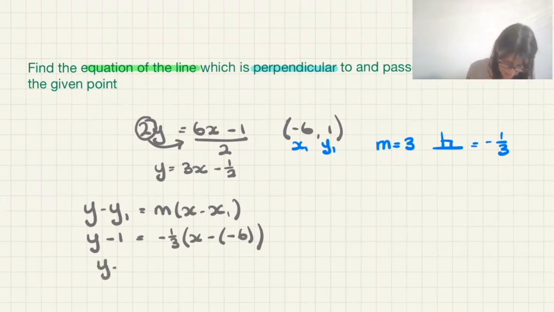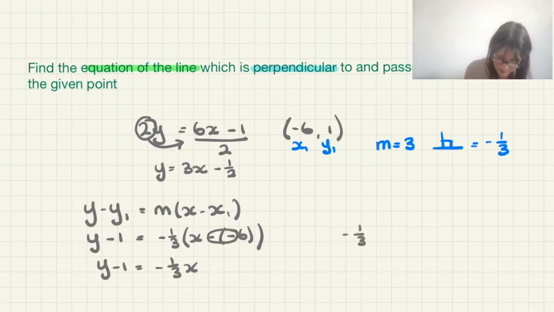So I've got y minus 1 equals minus a third x. This is obviously going to become plus 6. But then what I've got, I'm going to write it over here, is minus a third times positive 6. Like I say, I've got to be really, really careful of that. That's going to give me negative 2.